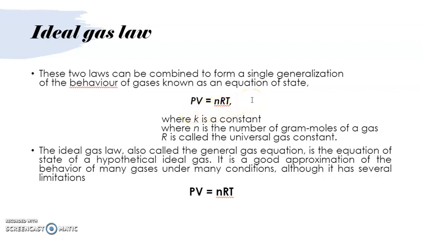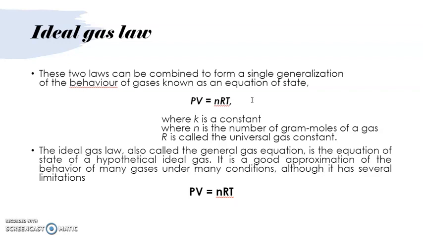Students, please understand that the ratio PV/T remains constant and it is nothing but R. So if you vary one of the parameters, either pressure, volume or temperature, then the remaining two parameters will adjust themselves so as to maintain this ratio constant, equal to R. This you should understand at this stage. Now PV = nRT is nothing but the ideal gas law.